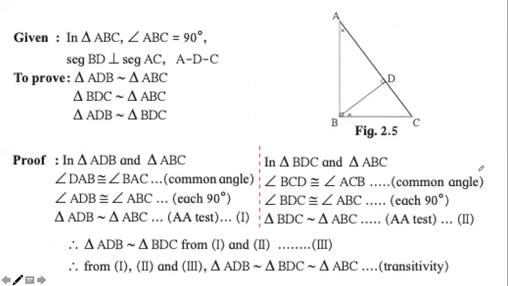Very simple. Let us first look at triangle ADB and triangle ABC. ADB is the small one on the top and ABC is the big one. Angle DAB is congruent to angle BAC. It is the same angle, common to triangle ADB and triangle ABC. So this is one angle that we get.